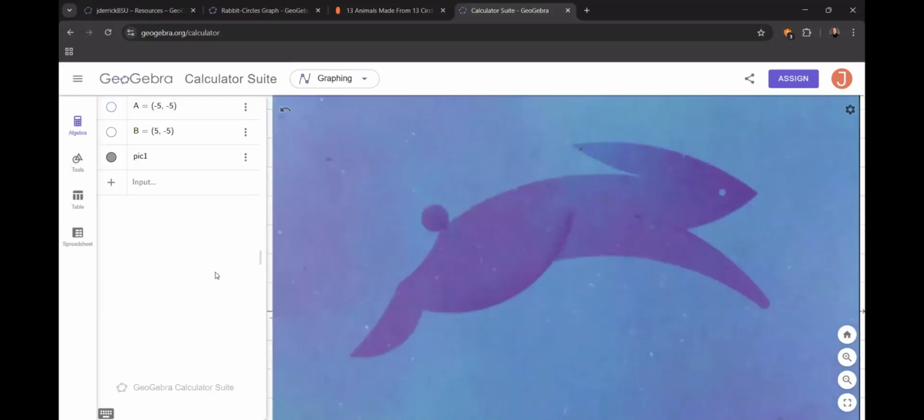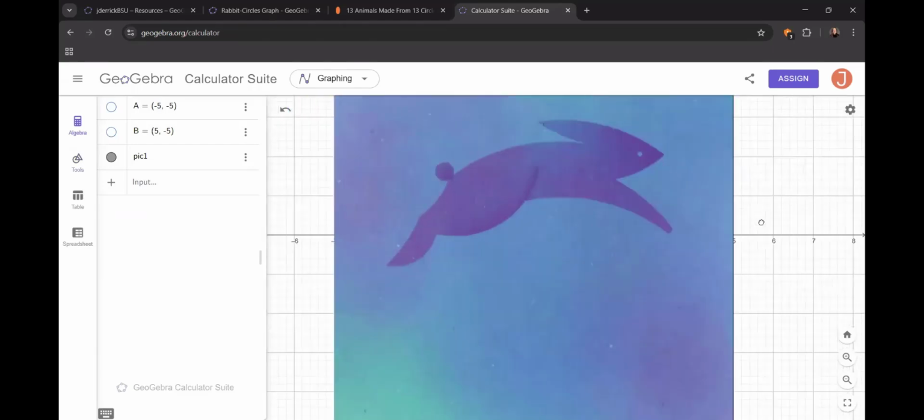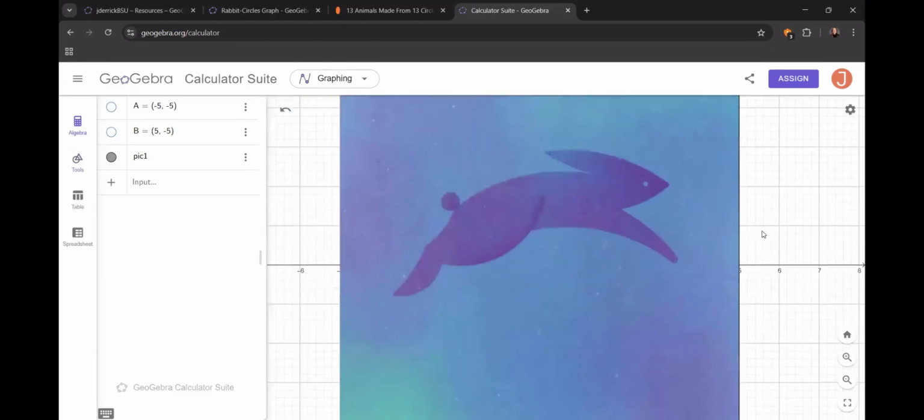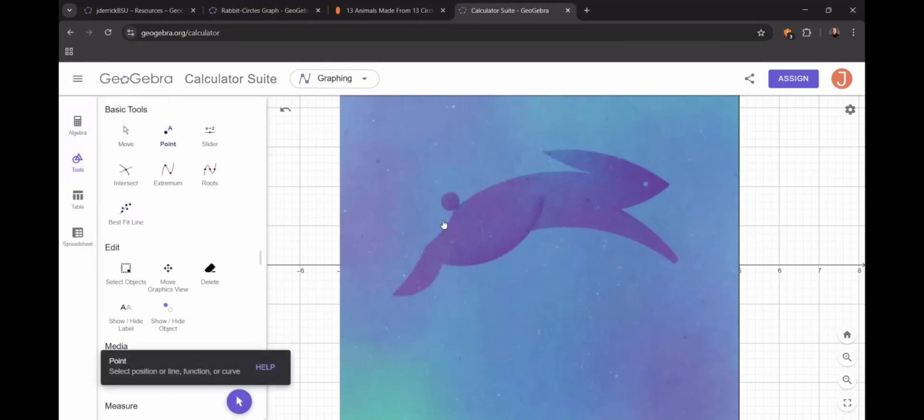Given that I just took a screenshot of this, I don't have this as a vector image, right? So I'm going to be as precise as I want to get by just zooming in. So it probably will be a little bit off compared to the original image. But what I can do is pick any of the circles that I want to create.